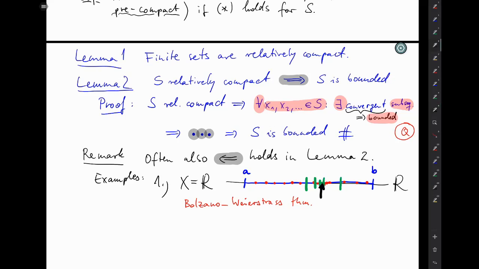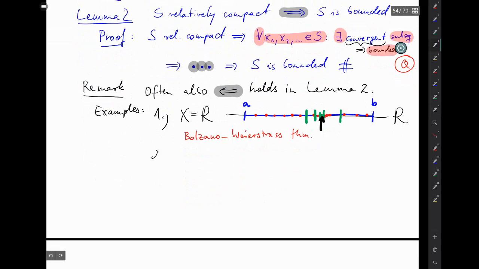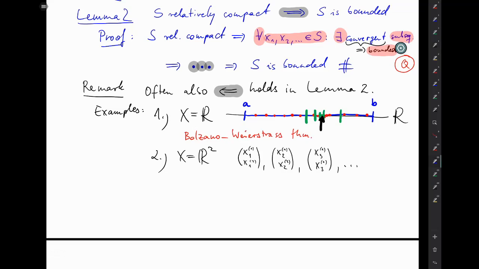You can easily show that the same effect also holds if you go to R2. And to see this, you could either argue component-wise by taking a sequence of two vectors that is bounded, and then showing that it has a convergent subsequence as follows.